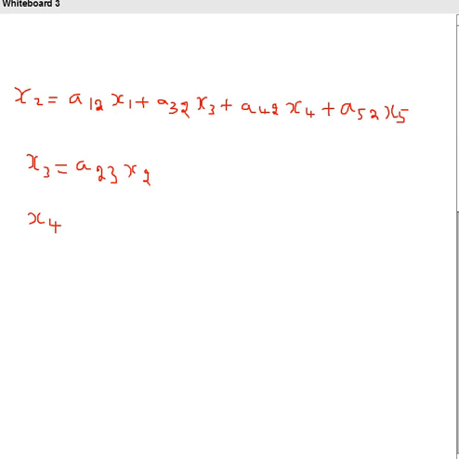Next equation, x4 is equal to... So next equation, x5 is equal to a35 x3. So these are the equations given.